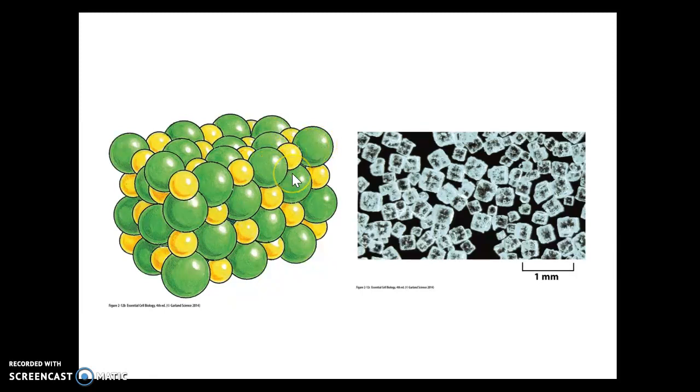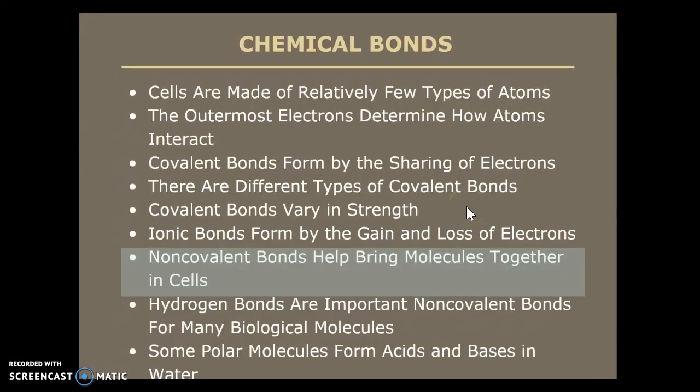So it'll actually take 6 chlorines to completely shield it from its milieu, and that's how we get these crystal structures. So there are varying strengths to different covalent bonds. Some are stronger than others, depending on how many bonds you have. Double bonds are stronger than single bonds.